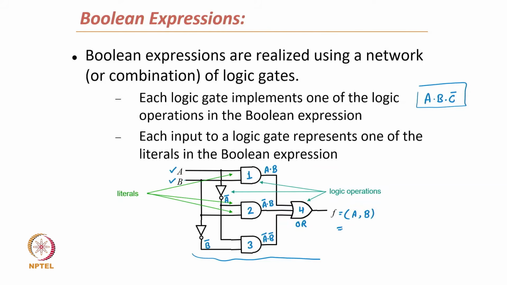So, you can easily write the function here as A dot B plus A bar into B plus A bar into B bar. So, we can even backtrace the logic function from the circuit itself, or we can implement the circuit using this Boolean expression. Both of the things are possible.